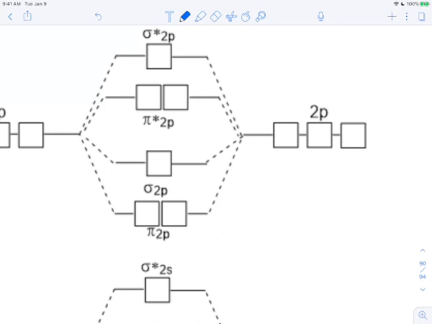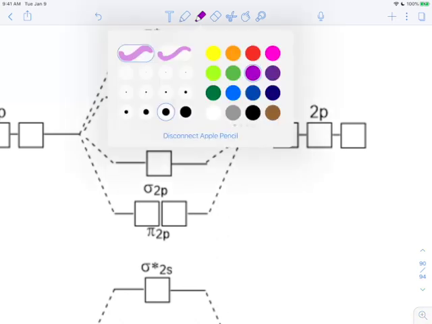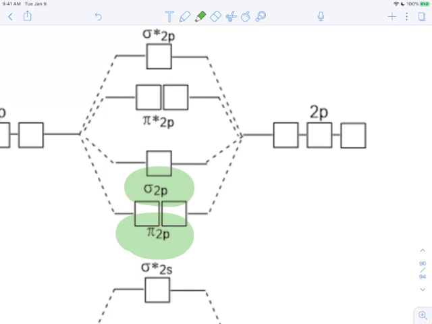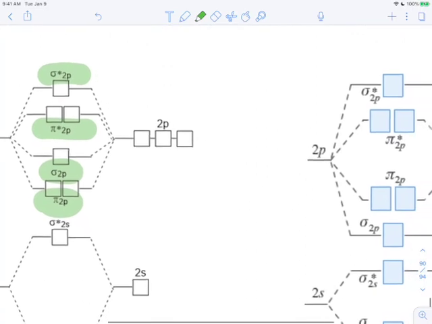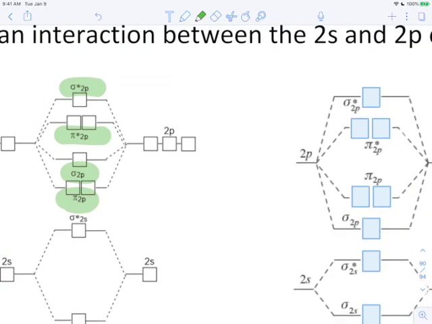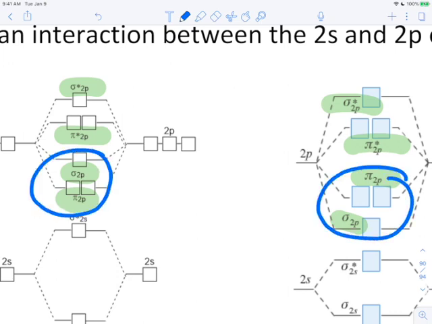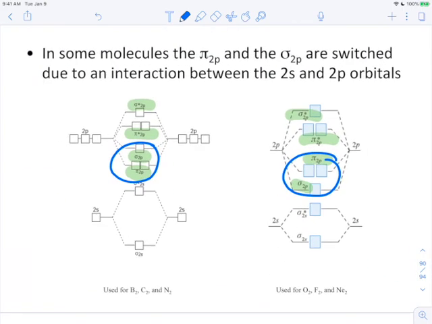Here you fill the pi 2p, sigma 2p, and then you get into the pi antibond and then the sigma antibond, whereas in the other one, here we have the sigma and then the pi, and then we have the pi antibond and sigma antibond. So the real difference is just these orbitals here get swapped. But we're still going from bottom to top, and we're still always filling the bonding before the antibonding. So other questions so far?